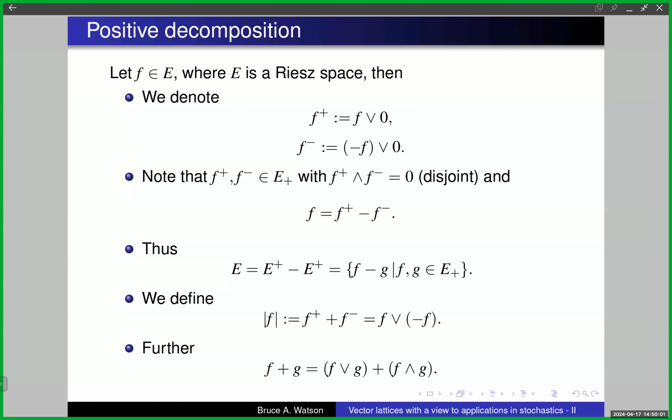Okay. But there can be others as well, right? Sorry? Yes, Bruce, are you saying that there could be others as well, that they don't have to be the only one? There are many elements of your Riesz space that you could write f as p minus q, where p and q are from the positive cone.